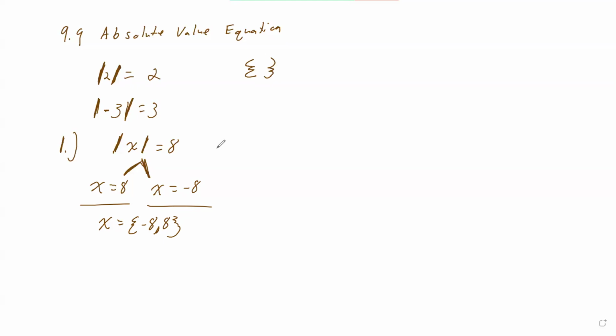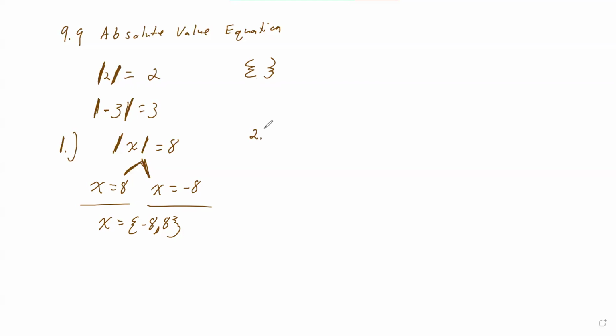I'm really bad at drawing them, so I just make some squiggly lines. But when you see something fancy like this, it's just set notation. You use these when you're listing things. So I'm listing -8, 8 as my answer. But if I wanted to list 1, 2, 3, 4, I could do that with the set brackets around it.